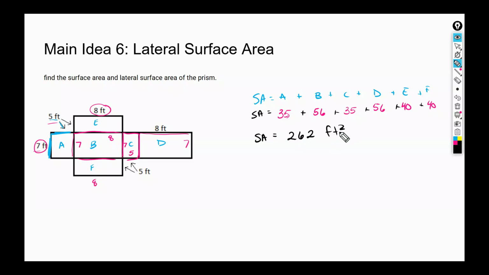There's that. And all I did was length times width 6 different times and added all the results together.